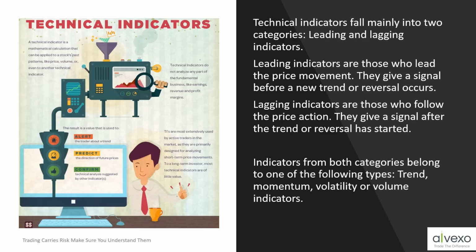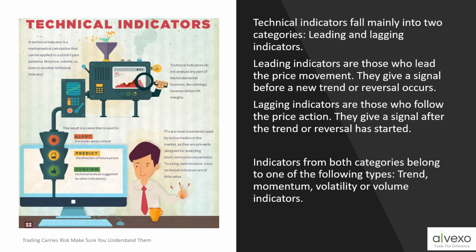But technical indicators fall into two main categories. A technical indicator is a mathematical calculation that can be applied to an asset's past patterns like price, volume, and even other technical indicators. Technical indicators do not analyze any part of the fundamental business.